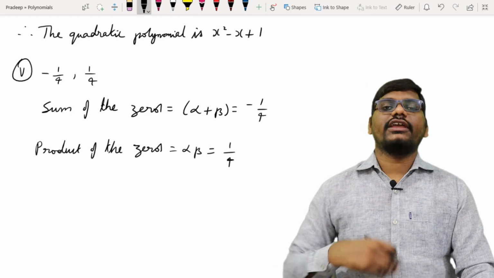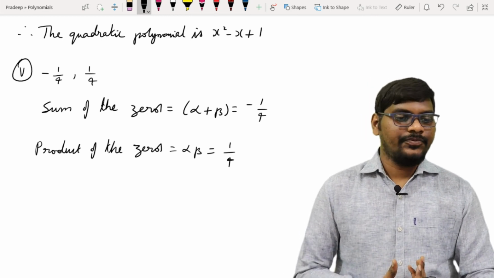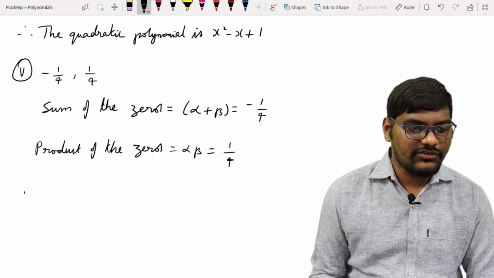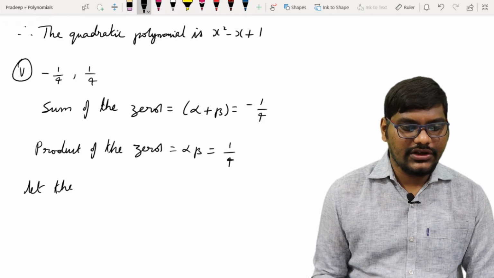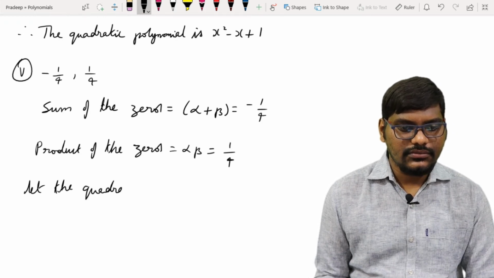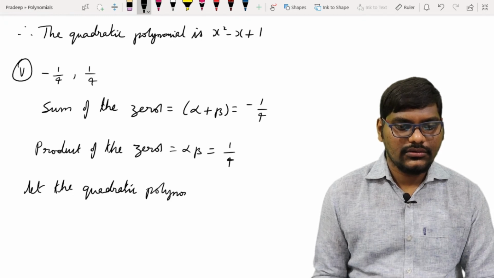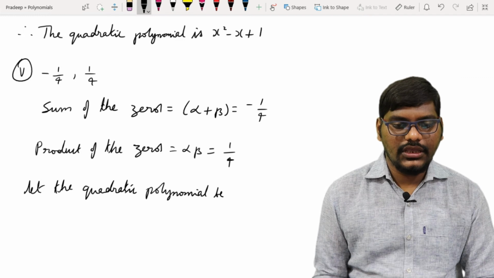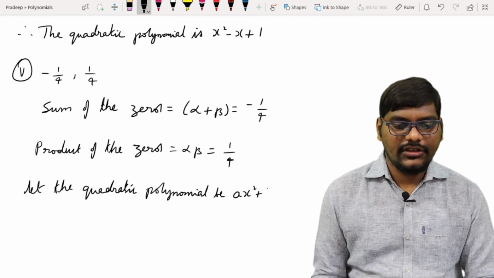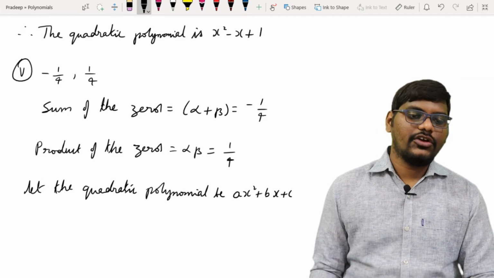As this is a quadratic equation which we have to write, we'll write the general equation and let the quadratic polynomial be ax square plus bx plus c. Okay.